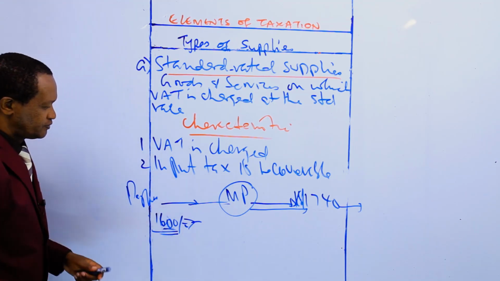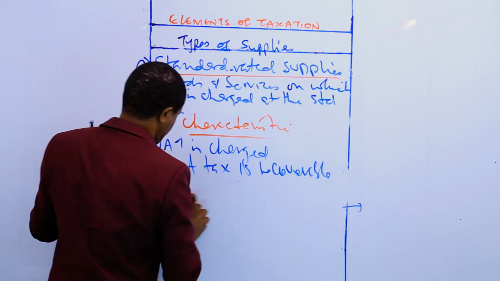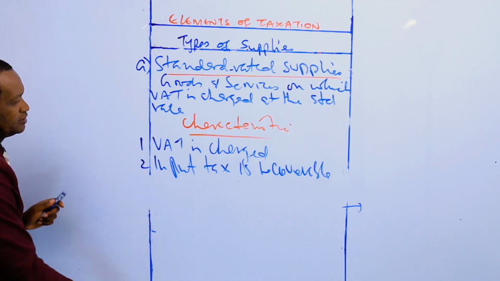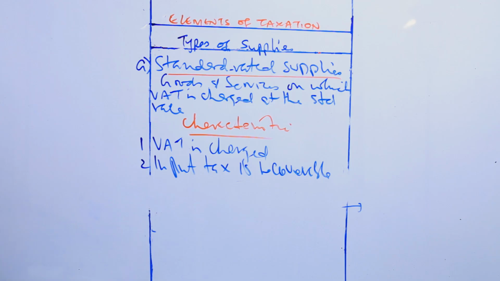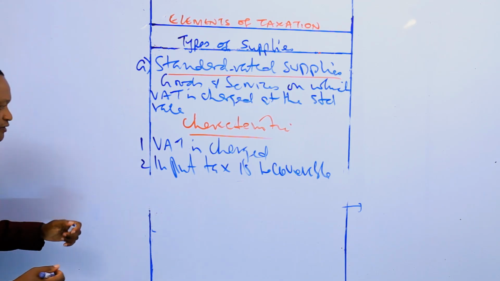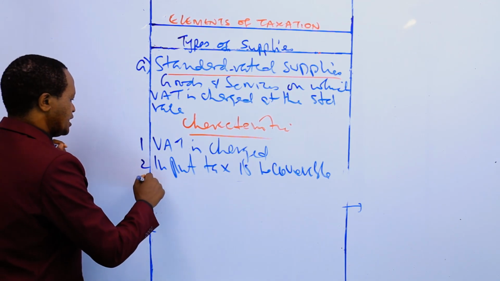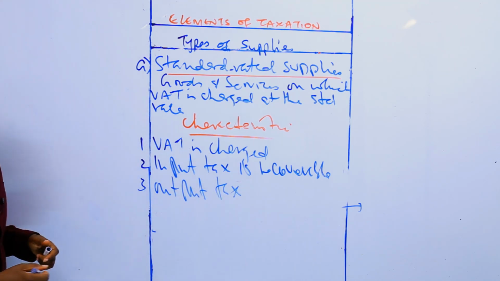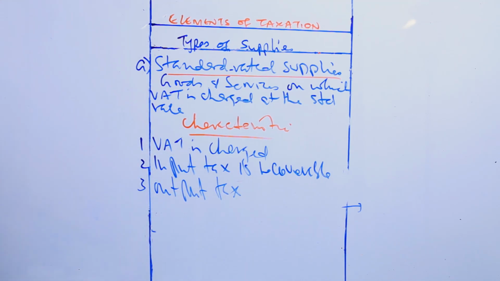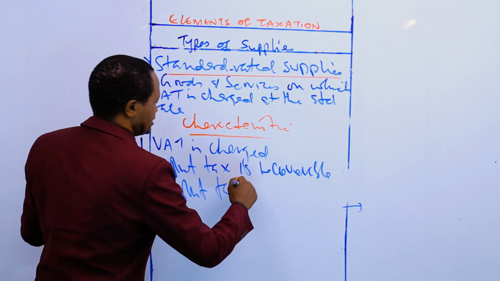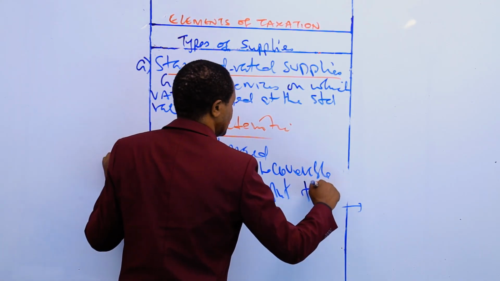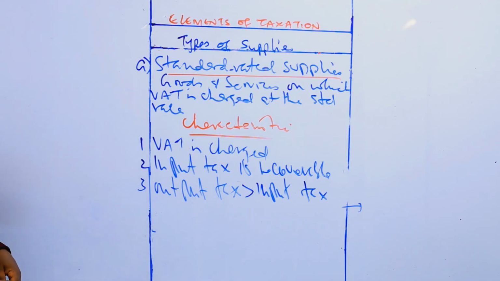You understand? That's the second characteristic of standard rated supplies. Another characteristic is output tax. The output tax should be greater than the input tax.